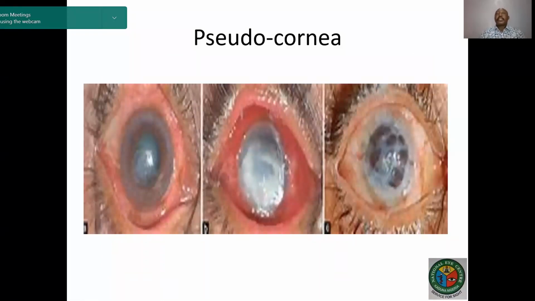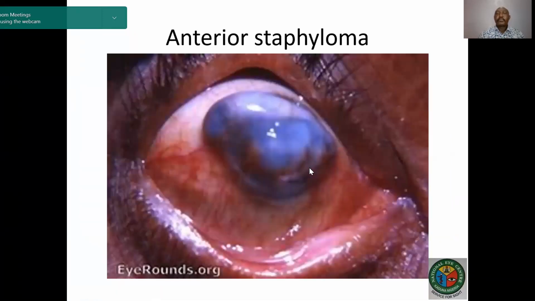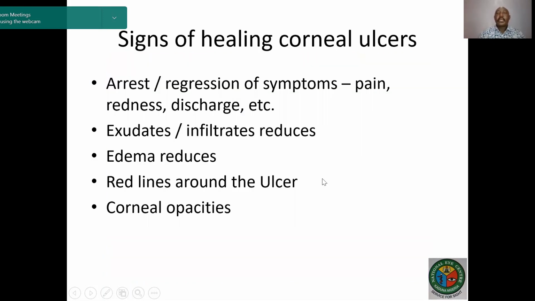We also have pseudocornea that can come in different degrees of thickness depending on the fibrosis that occurs following the injury. Apart from pseudocornea, staphylomas can also develop, resulting in a bulge of the entire globe, and it can be very devastating, cosmetically and otherwise.